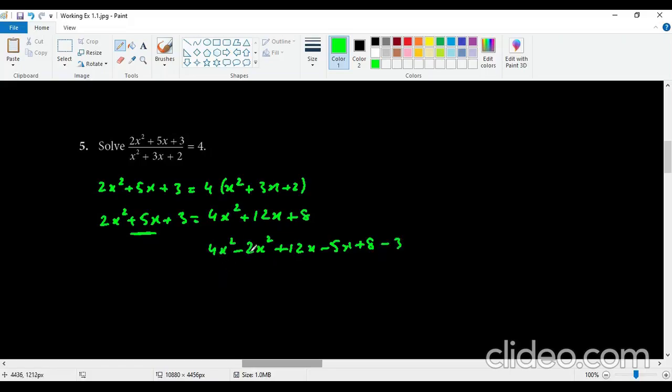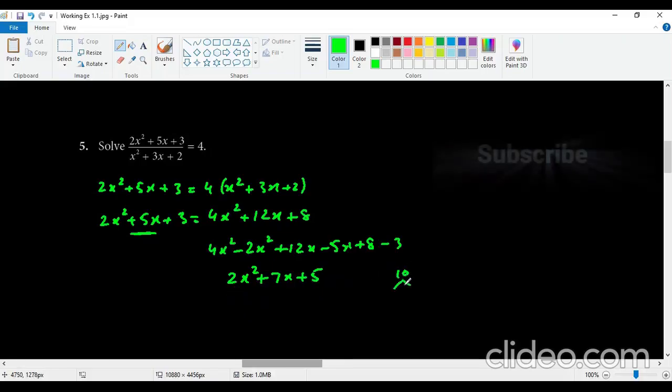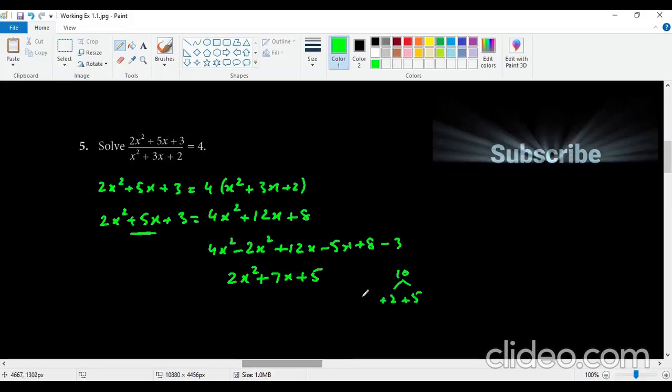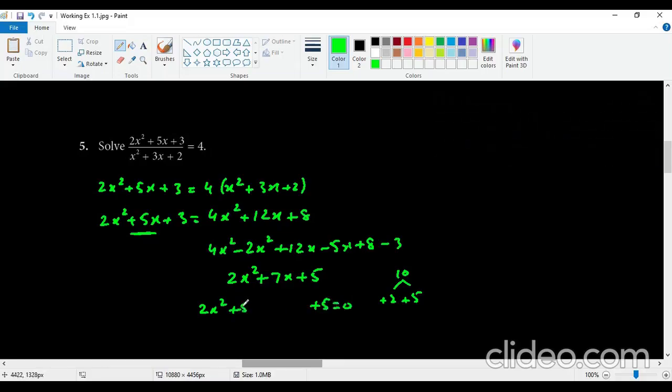So 4 minus 2 is going to give me 2x square plus 7x plus 5. So in here, 2 times 5 is 10, and the factors of 10, 2 and 5, add up to 7. So I will write 2x square plus 5x plus 2x like this.